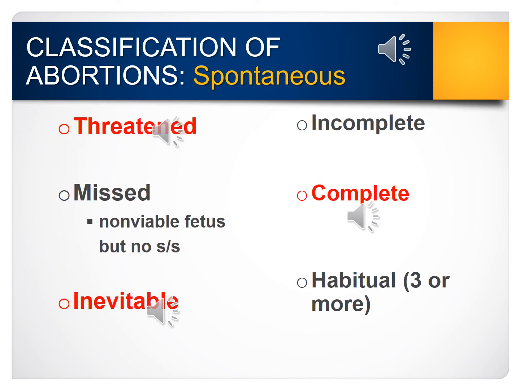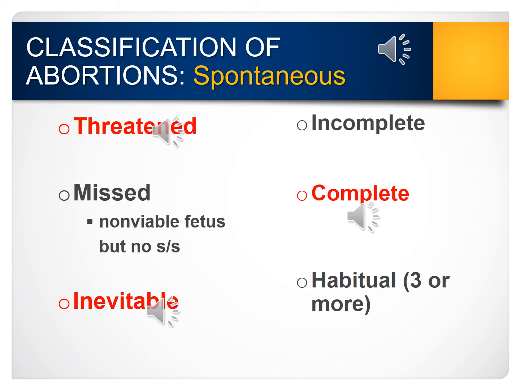There are 6 classifications of spontaneous abortions, or types of bleeding associated with those abortions, and I'll talk about the 3 highlighted in red. A threatened abortion, again, is early in the pregnancy, usually in that first trimester, and it may or may not lead to a pregnancy loss.